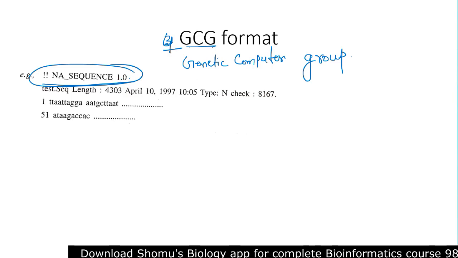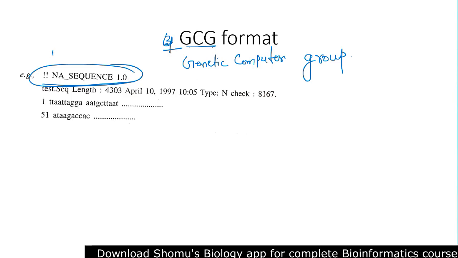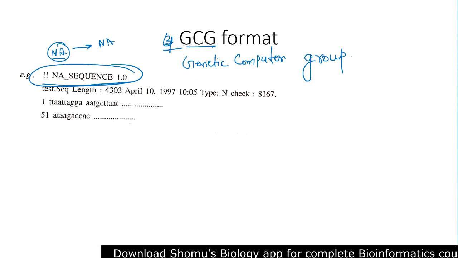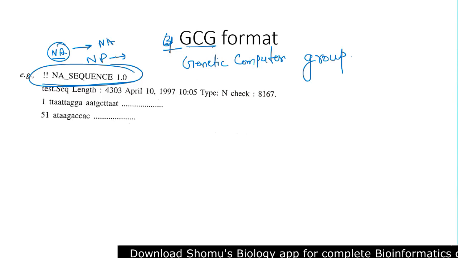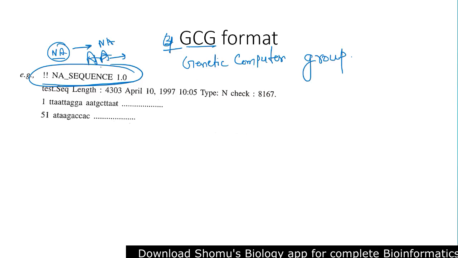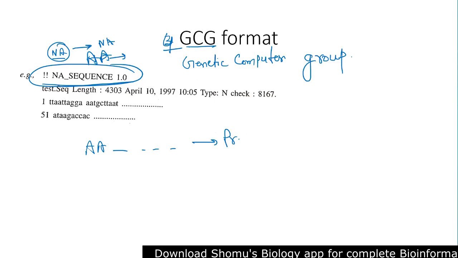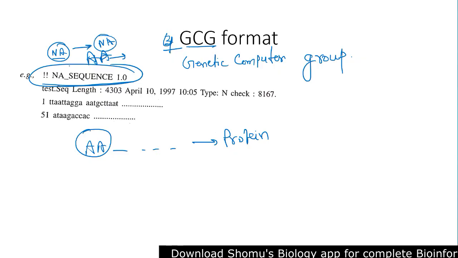In the bracket they will write either for the nucleic acid or for the protein. If this is NA, then nucleic acid, and if it's written as AA, so AA underscore whatever value, then it is for protein. AA for protein, NA for nucleic acid.